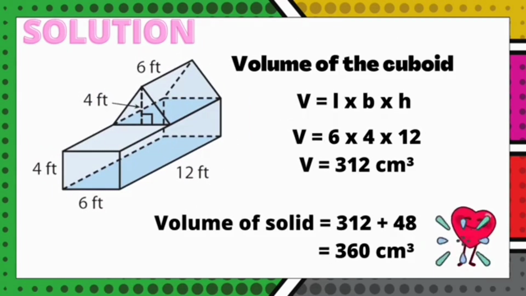From calculation, the volume of the cuboid is 312 centimeters cube. Finally, the volume of the compound solid is the volume of the triangular prism plus the volume of the cuboid, which is 48 centimeters cube plus 312 centimeters cube. The volume of the compound solid is 360 centimeters cube.